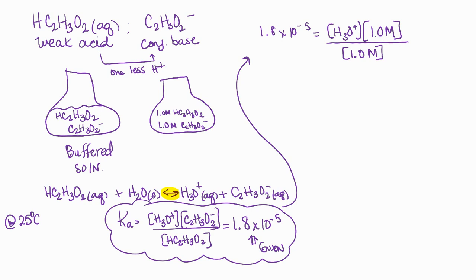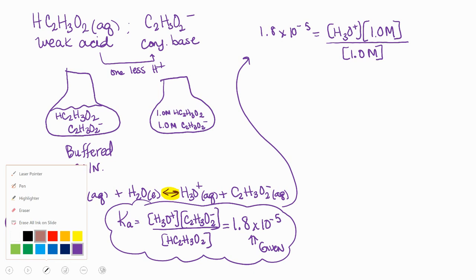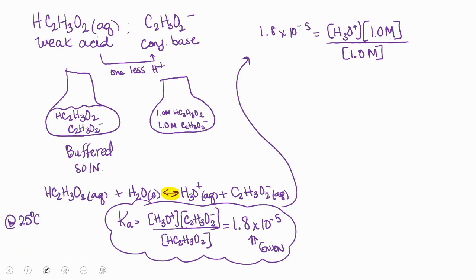Now, what you should be noticing is that when the concentration of conjugate base is equal to the weak acid concentration, we have a very easy relationship here. Ka equals H3O plus.